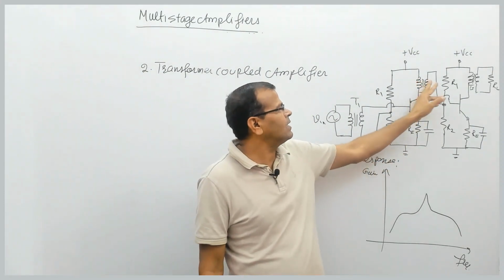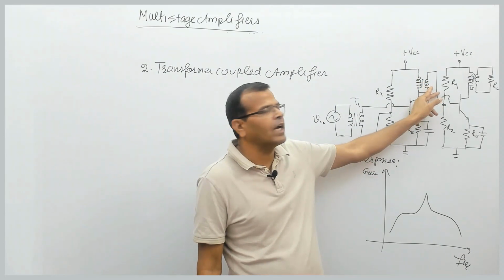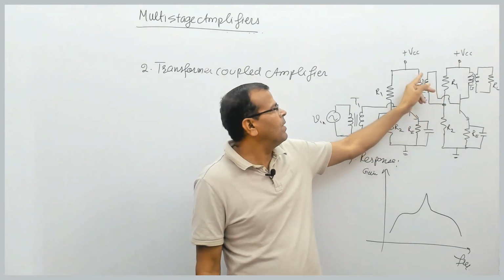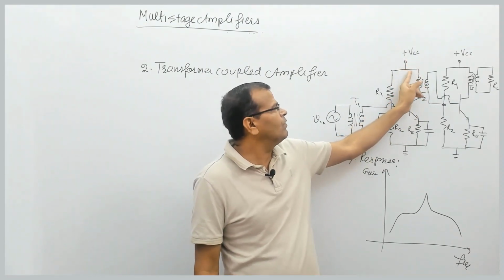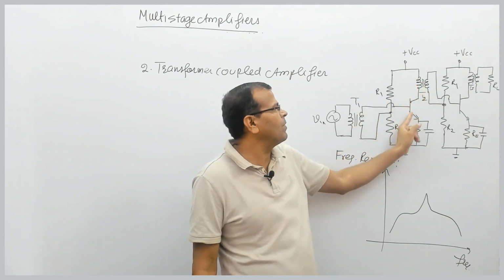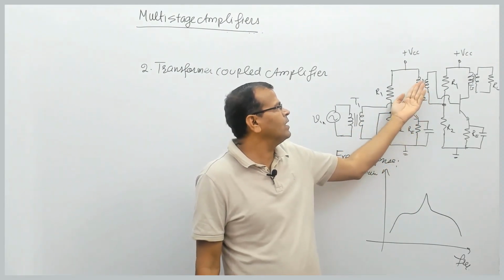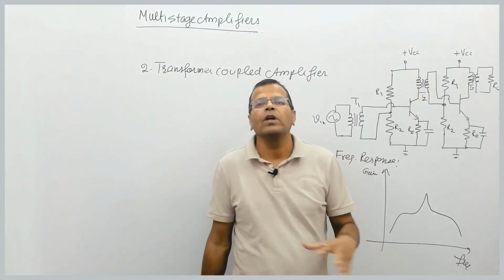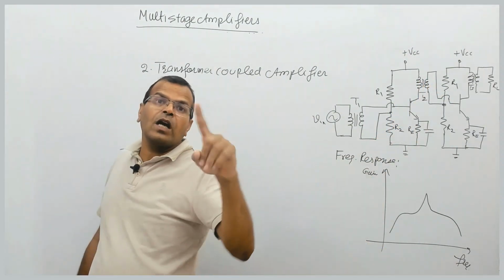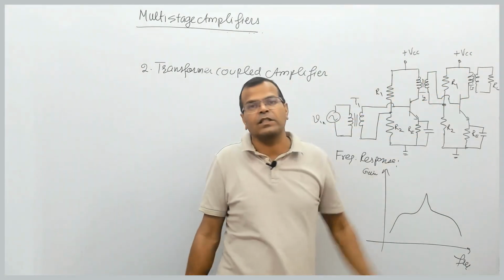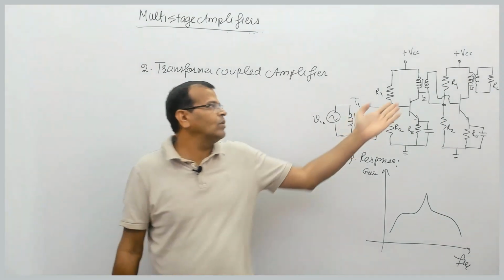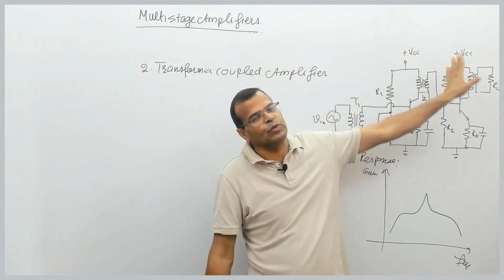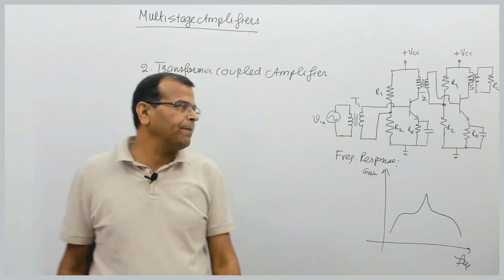So it will pass AC signal from this side to this side by transformer action, but the impedance of the winding is almost 0 for DC, so DC is not transferred from one stage to the next stage. It will block the DC biasing signals and allow the AC signals to pass from one stage to the next stage. Fine.